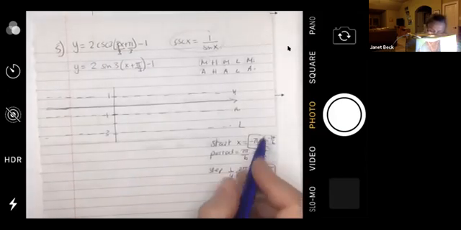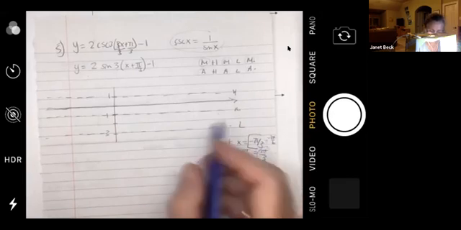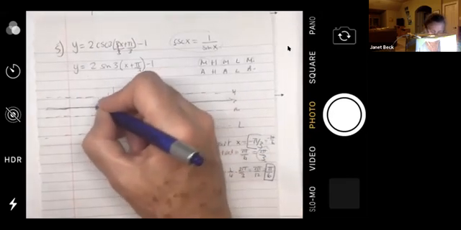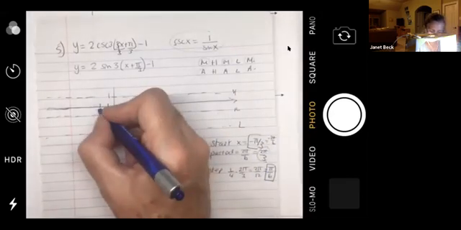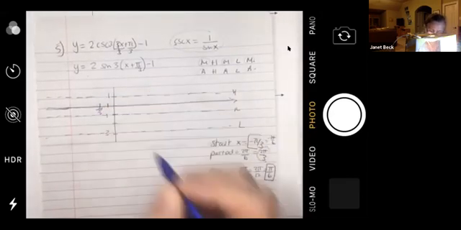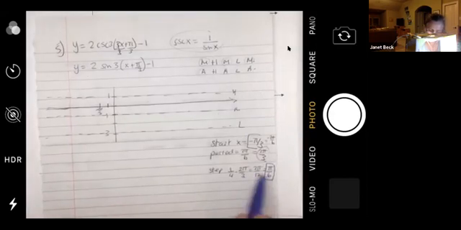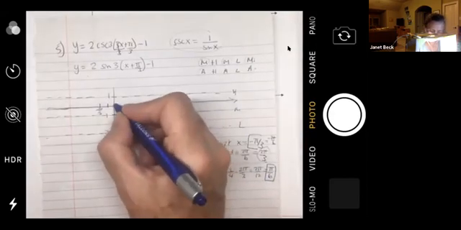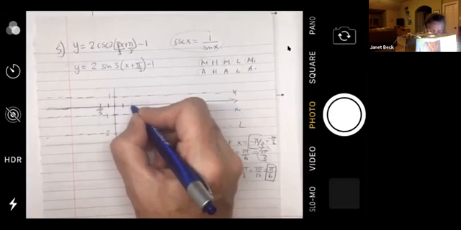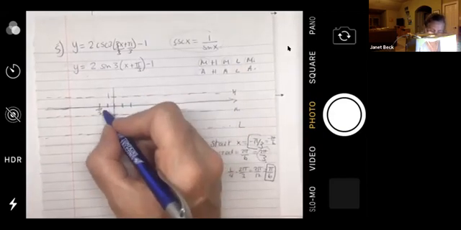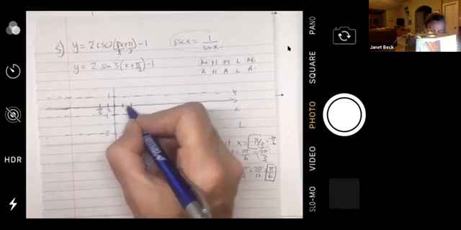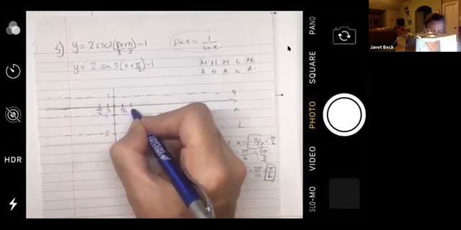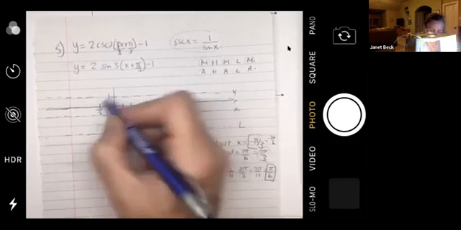Negative two steps. 1, 2. That's negative 2 pi over 6. Take 4 steps forward. 1, 2, 3, 4. So that's at negative 2 pi by 6, negative pi by 6, 0, pi by 6, 2 pi by 6.